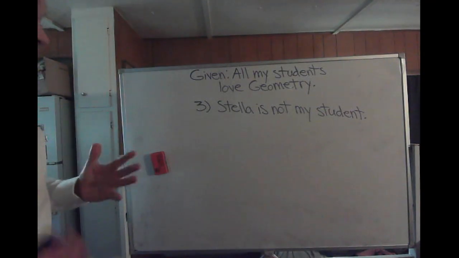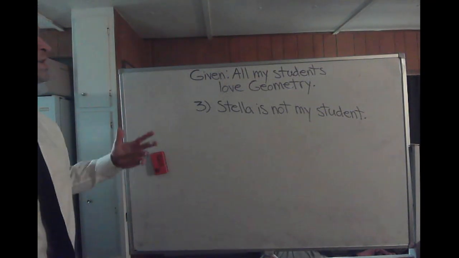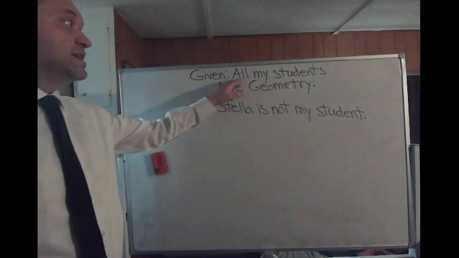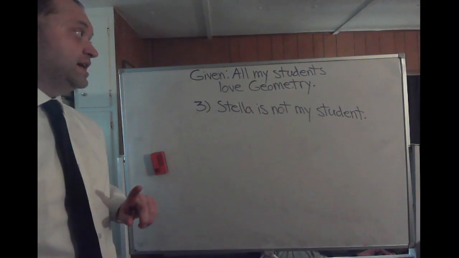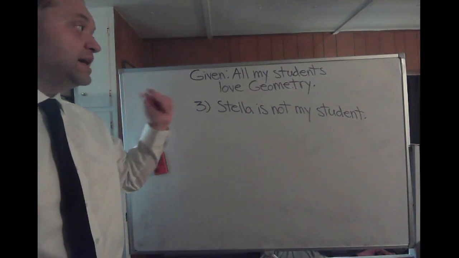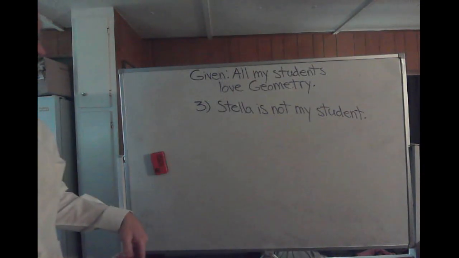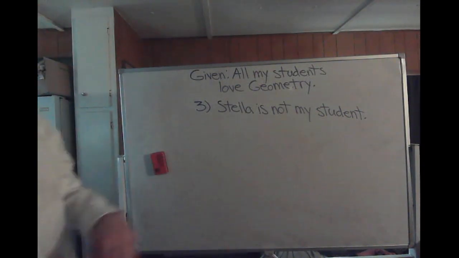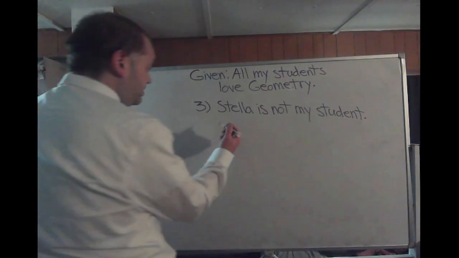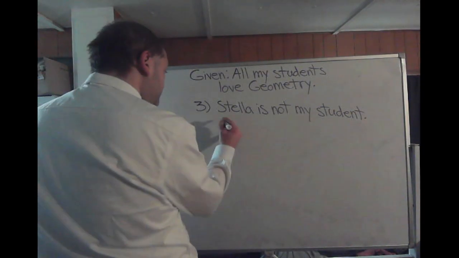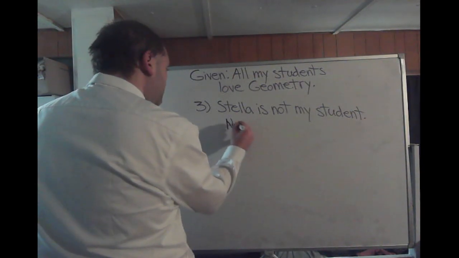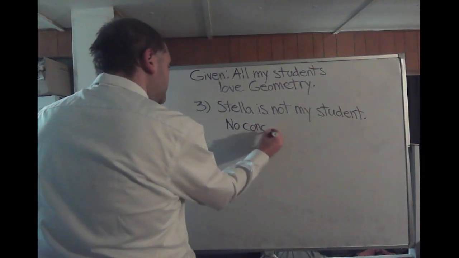Can we draw a conclusion? Again, the given statement says that all my students love geometry. It doesn't say that my students and my students only love geometry and everyone else hates it. It doesn't mean Stella doesn't love geometry. She may not, but she might. So, no conclusion for this one either.